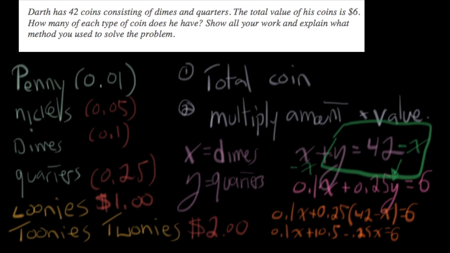So, minus 0.25x plus the 0.1x would give you negative 0.15x. So you'd have negative 0.15x equal to 6 minus 10.5, negative 4.5.